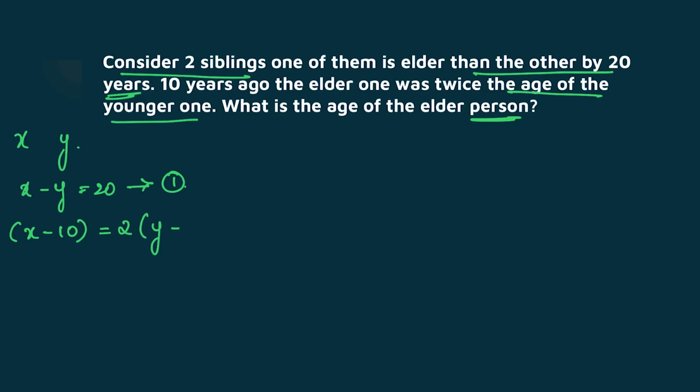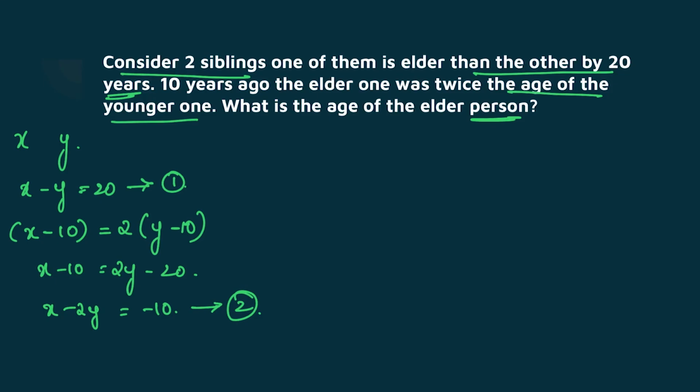Obviously the younger one's age will also be 10 years back, so minus 10. x minus 10 is equal to 2y minus 20. Therefore x minus 2y is equal to minus 10. This is our second equation.